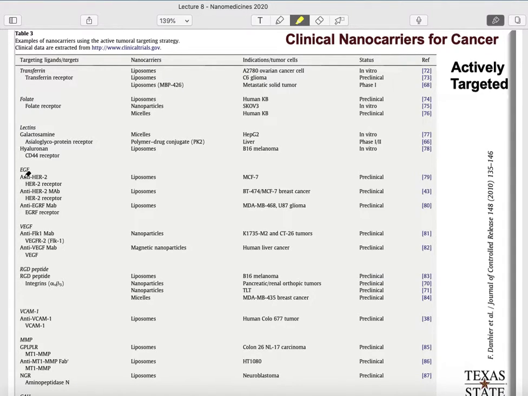For EGFR, we can target the receptor by utilizing an antibody, or another antibody, sorry. And this is the status. As you can see, there has not been a targeted system approved, and that's still the case in 2020 as far as I know. They're all under research. Some of them are under preclinical investigation.